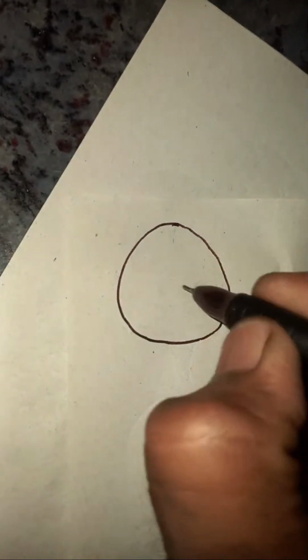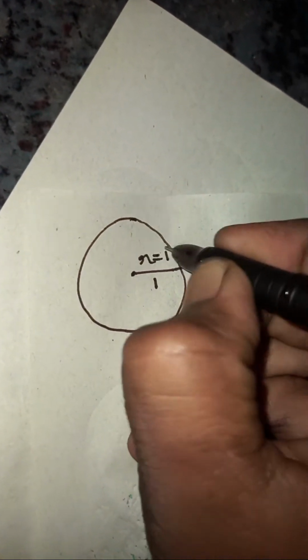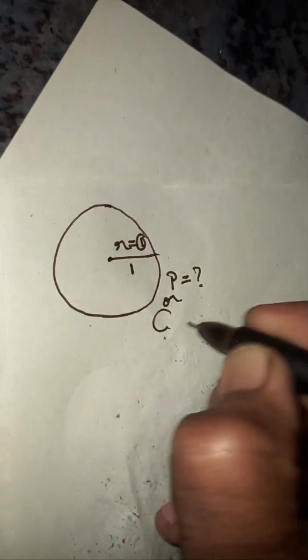Let's take even one more problem about this. Here you found the area. Now I will tell about perimeter. Here they have given 1 unit, that is the radius. What's the perimeter? Or they can ask circumference.